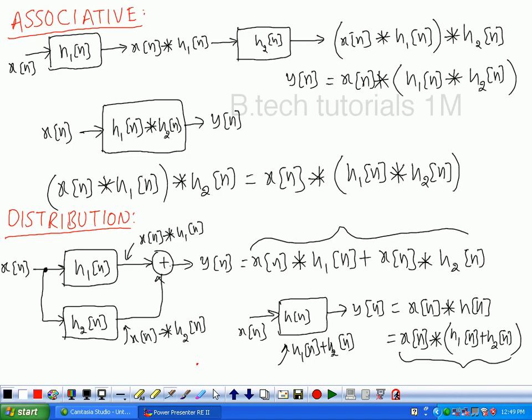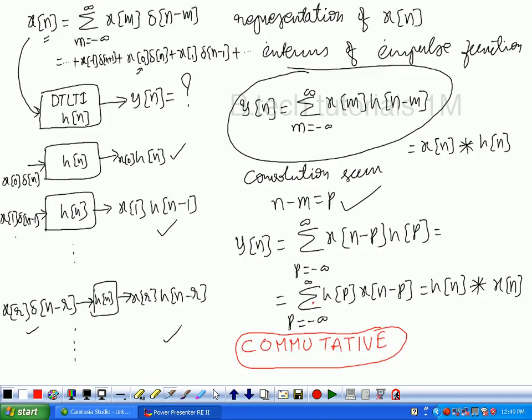So what is the significance of the commutative law, the previous one? Here, with this property, if you consider the system with impulse response h of n, the input is x of n, the output is y of n.